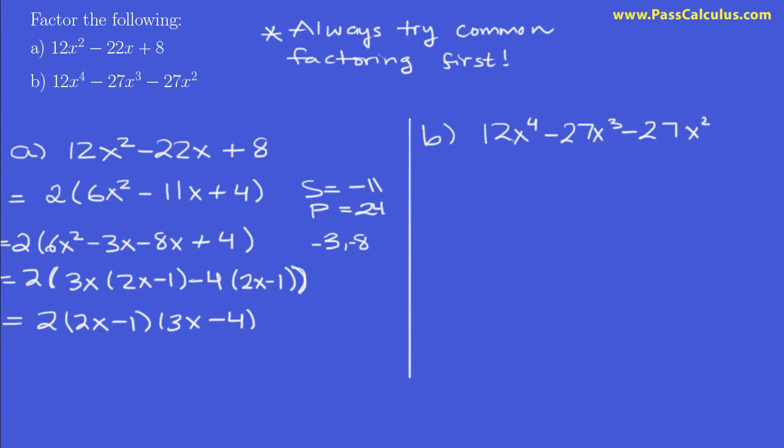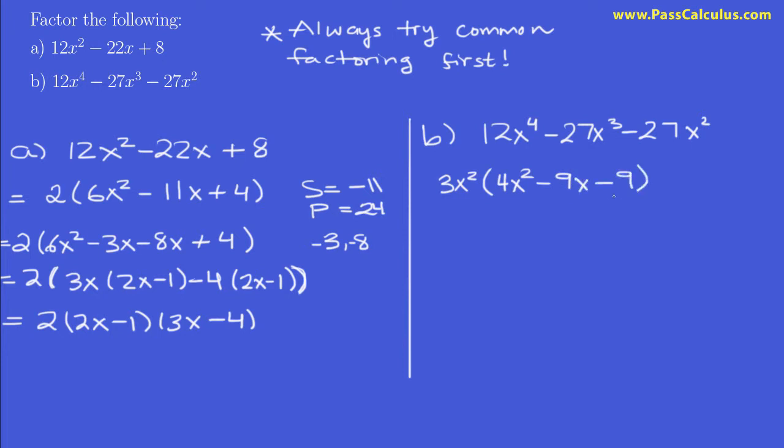But there is a number. It's 3, right? We can pull out a 3 here. So let's pull out a common factor of 3. And how about the powers of x? Well, we can take out the lowest power of x, which is x squared. So we'll do that common factor first before we try anything else. What do we have left over here? We have a 4x squared minus 9x minus 9, right?